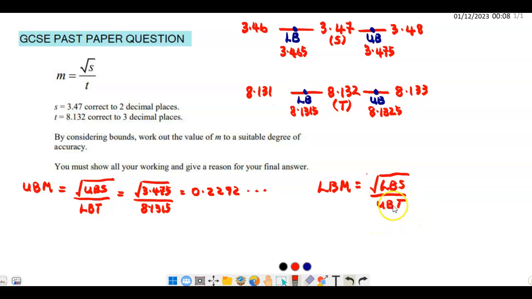So to get the lower bound, if you divide by a larger number, then you should get a smaller value, so that would be the lower bound. Okay, so let's input the values here.